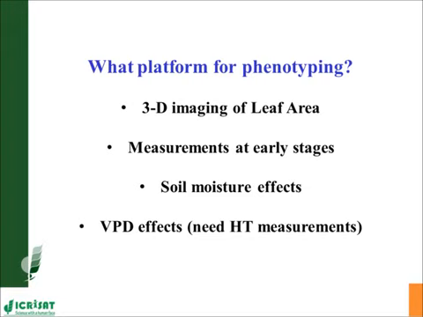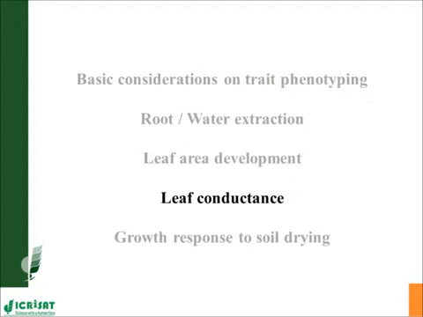But then we need to have very high throughput so that we can measure leaf area development under low VPD conditions and under high VPD conditions. So it's all a sort of thought that we have to put into developing the right platform to phenotype for those critical traits. Next section, leaf conductance.